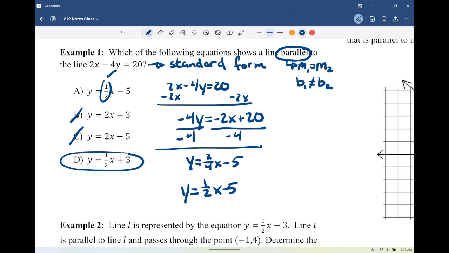They do have the exact same slope, which is what we need. However, A also has this intercept. Okay, good. D has a different intercept, which is what we want. This we do not want. Because realistically, what is A? Come here, louder. It's the same exact line. A is the same exact line.